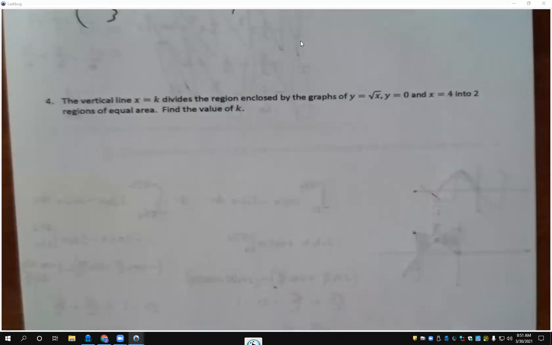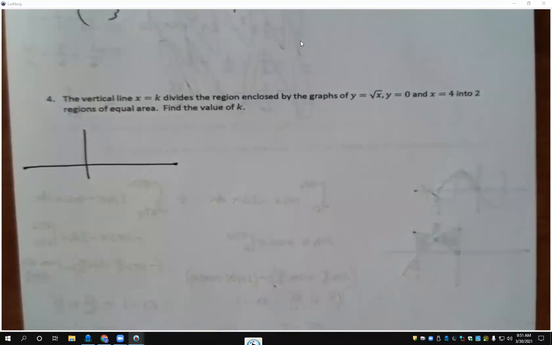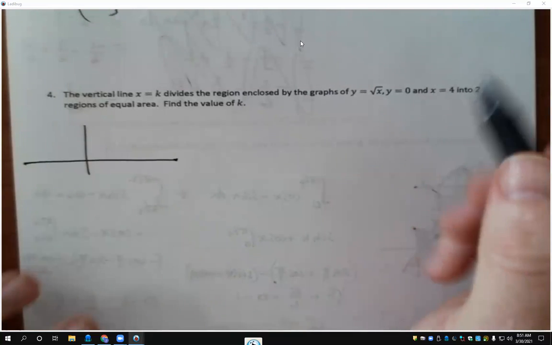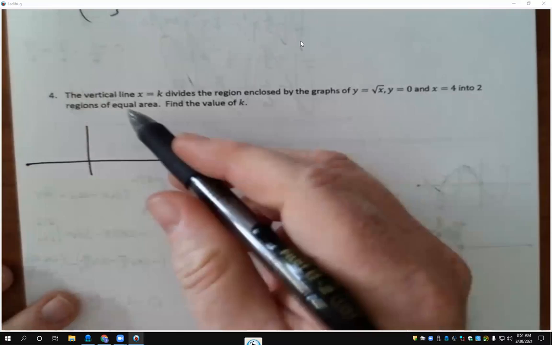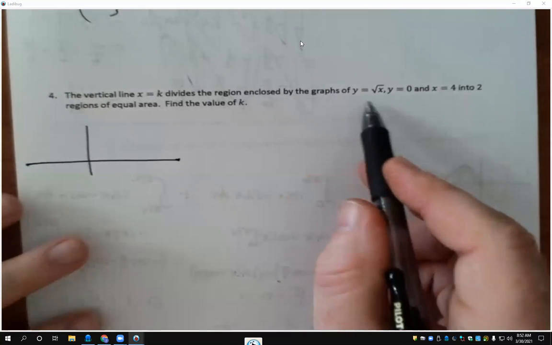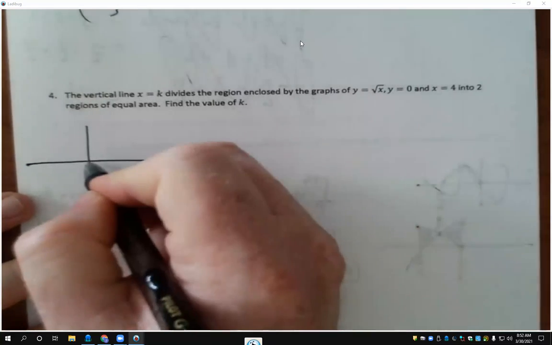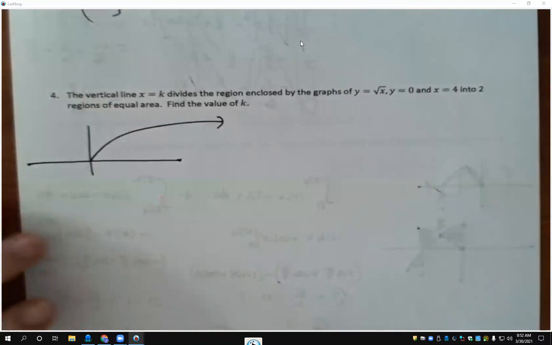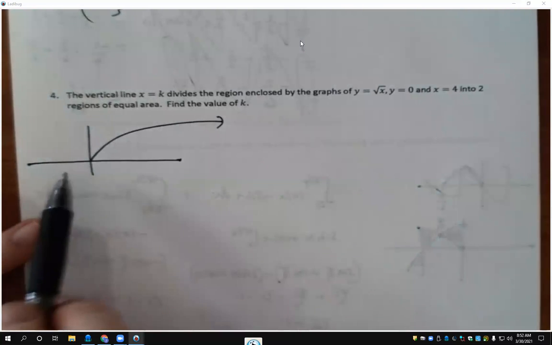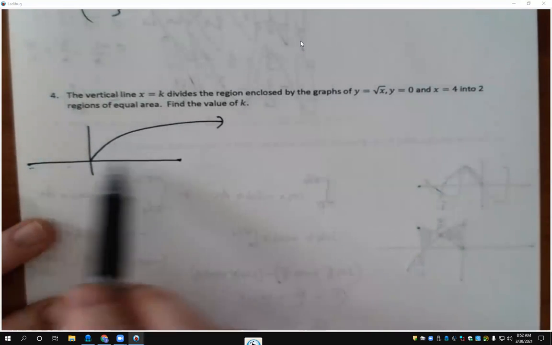Got you. All right, so 4 was probably the hardest one. You will see something like this more than just right here. Sometimes it does a horizontal line, sometimes a vertical line. The graph of y equals the square root of x looks something like that. The line y equals 0 is the x-axis.